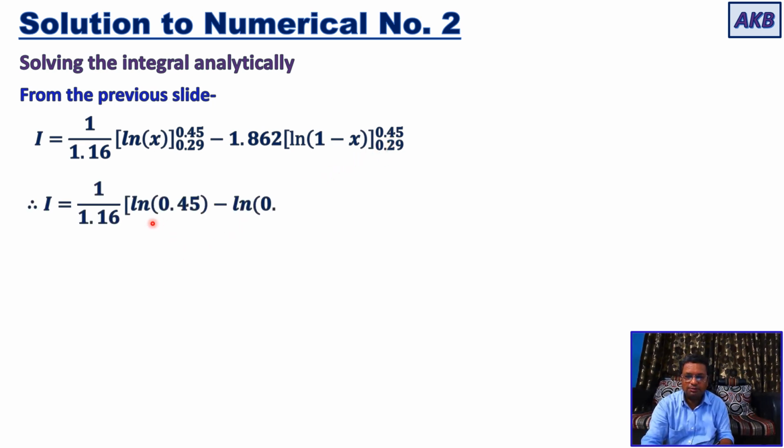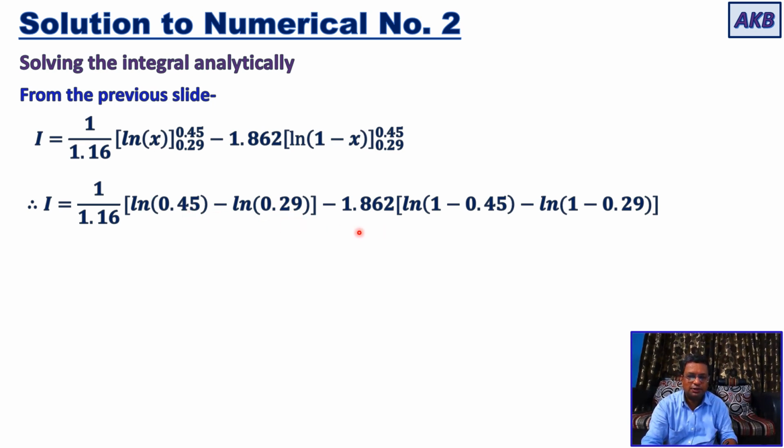Now let us use the limits. So it will be 1 upon 1.16 times ln of 0.45 minus ln of 0.29, upper limit minus lower limit, minus 1.862 times ln of 1 minus 0.45 minus ln of 1 minus 0.29. Again, we have used the limits.